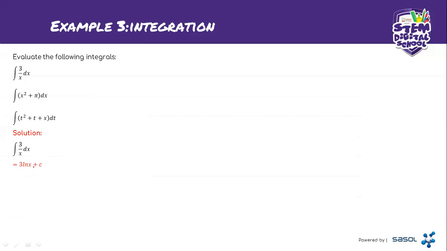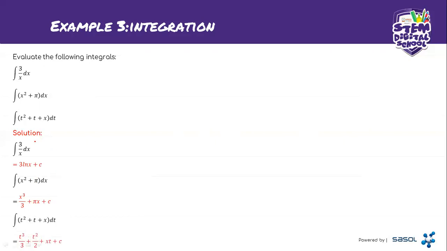And then the second one, remember, it's going to give us x cubed over 3 plus pi x plus c, all right? Now remember, this pi, we are going to take it as a constant number. Then when you reverse this, it's going to give us pi x plus c, okay?